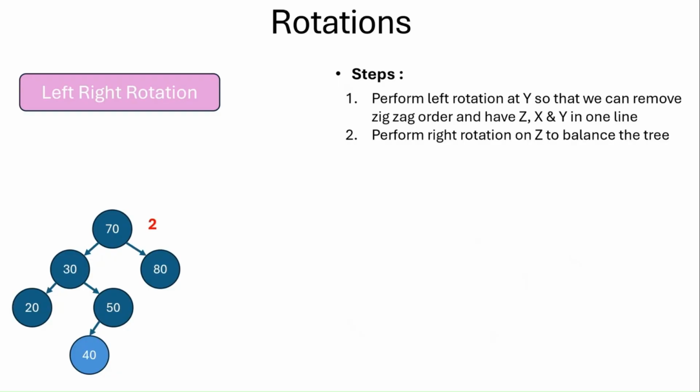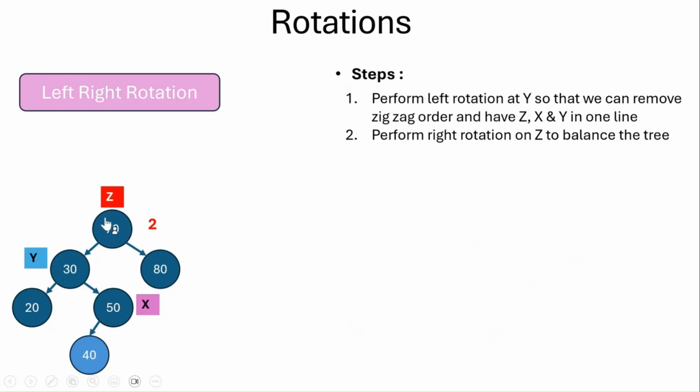Let's understand with the example. Let's say this is our binary search tree and we are adding 40 here. If we add 40 here, then the balance of the tree at node 70 will become 2. 3 minus 1, 2, which is not allowed. So how can we find ZYX? Z is 70 here because this is the smallest unbalanced tree and 70 is the root of it.